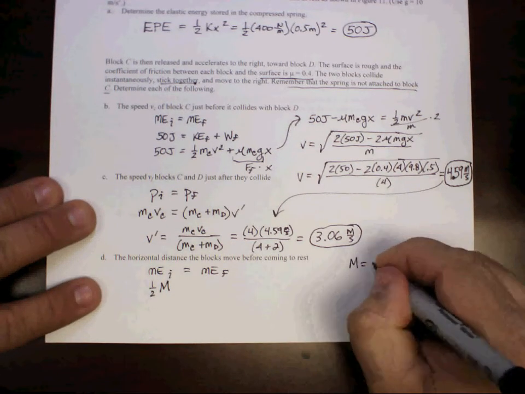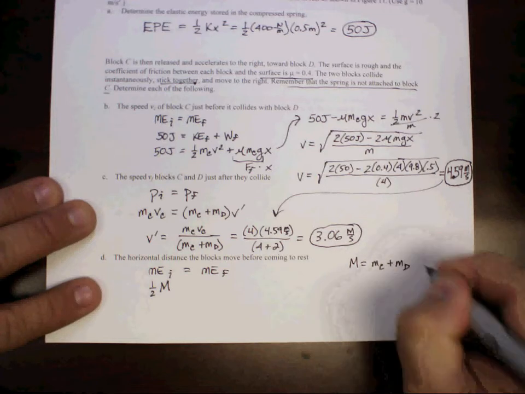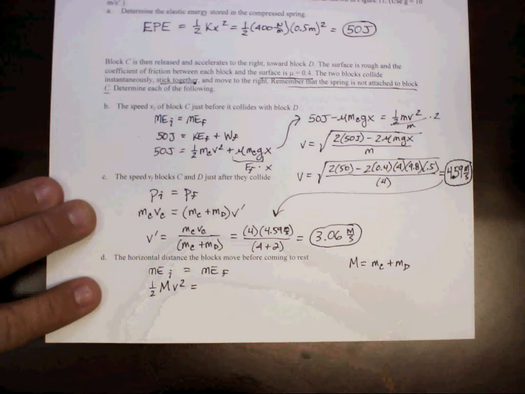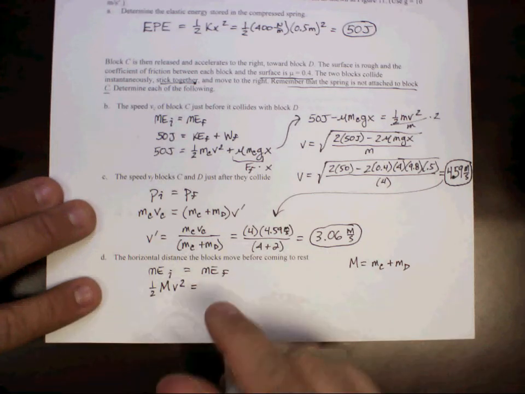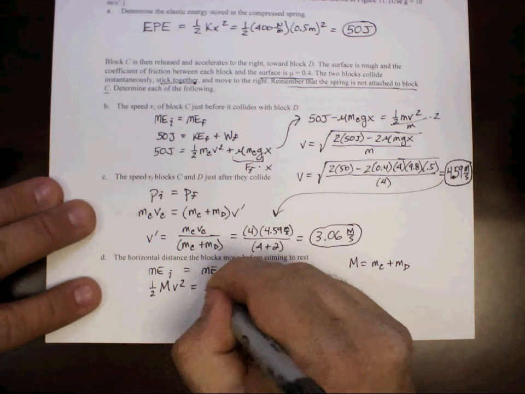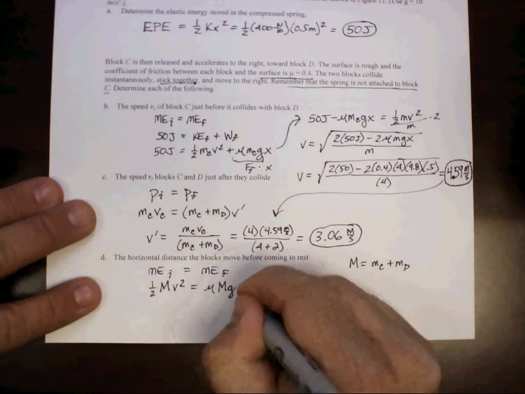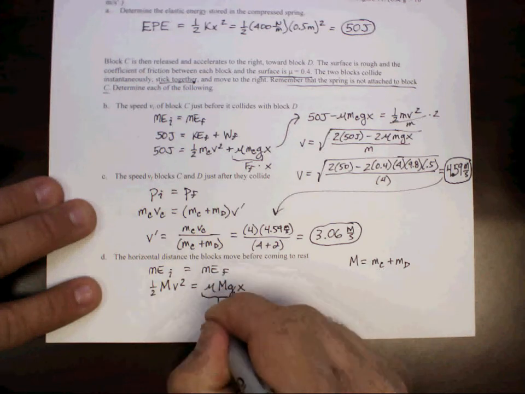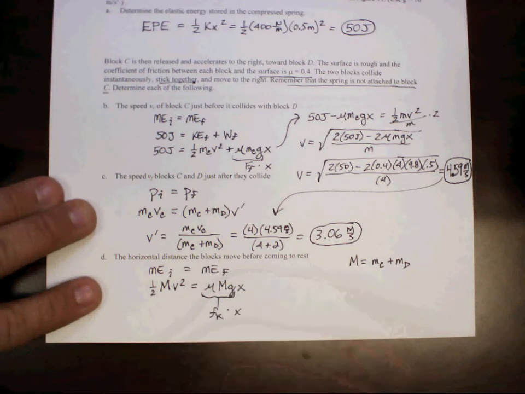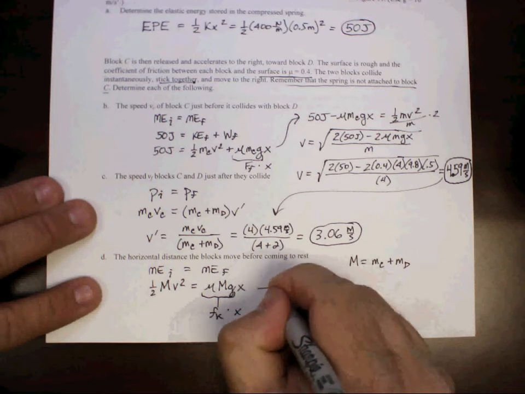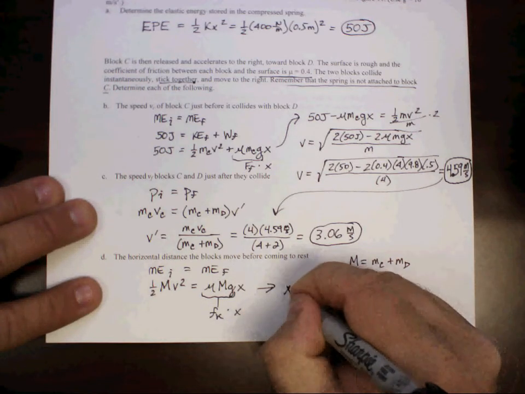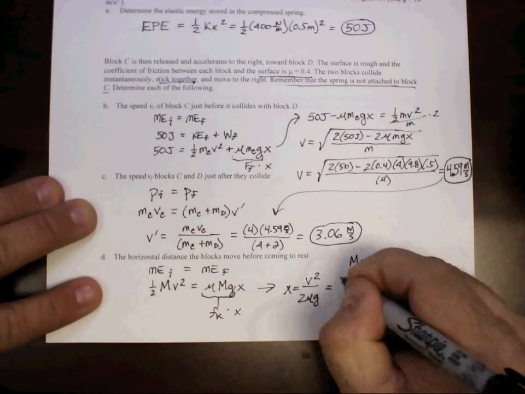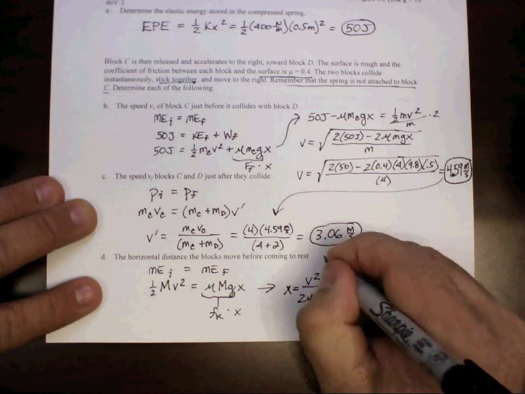We're looking for v prime, so it's simply going to be m_C v_C over m_C plus m_D. Put our numbers in. Mass of C is 4. The velocity, we're going to use the velocity that we found up there, 4.59 meters per second, divided by the total mass, which is 6, 4 plus 2. If you do this, you'll get 3.06 meters per second. So that's the answer to letter C.